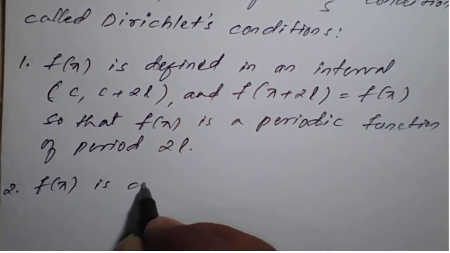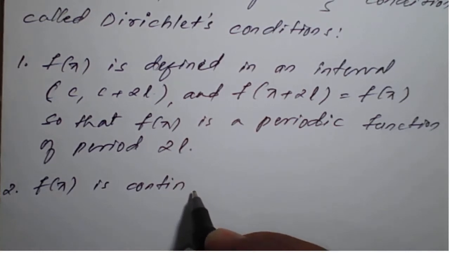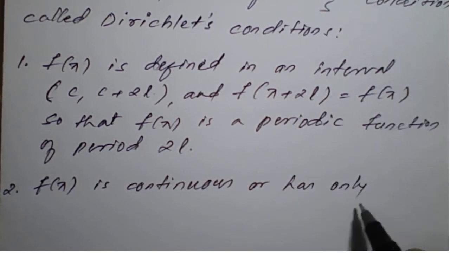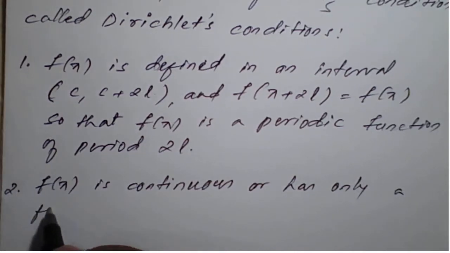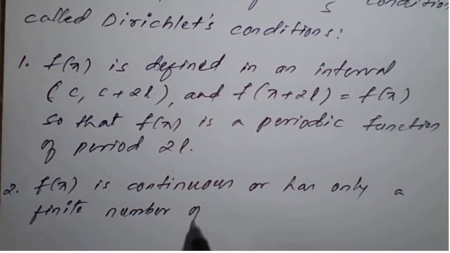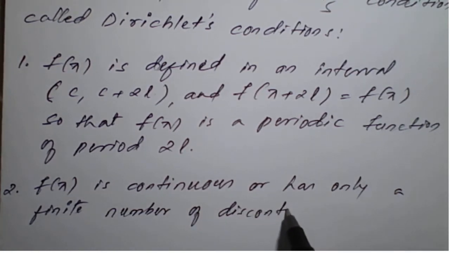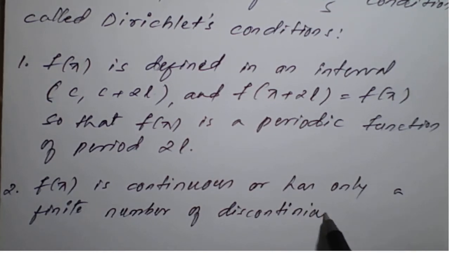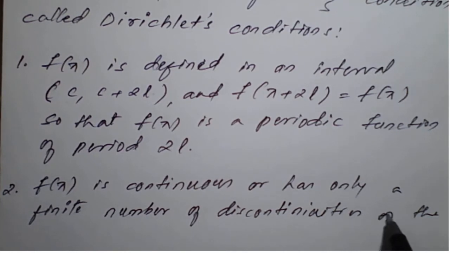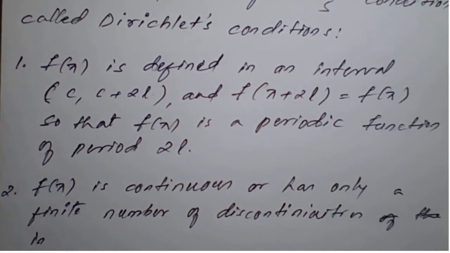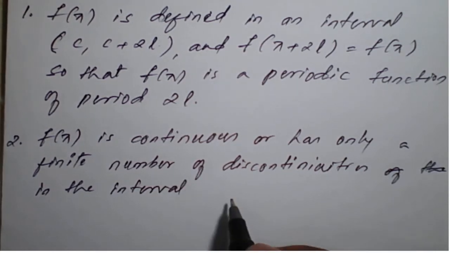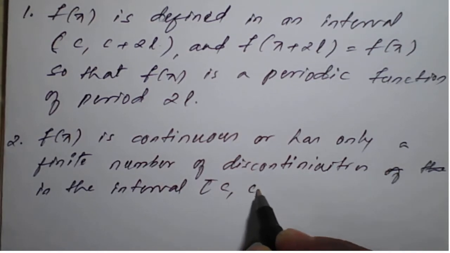f of x is continuous or has only a finite number of discontinuities in the interval c comma c plus 2l.